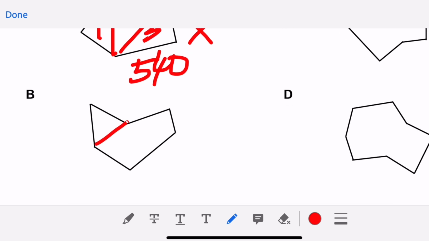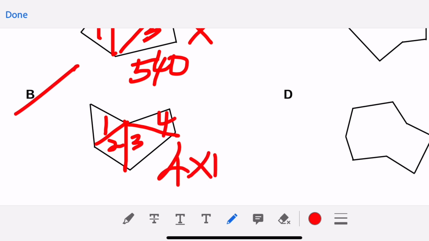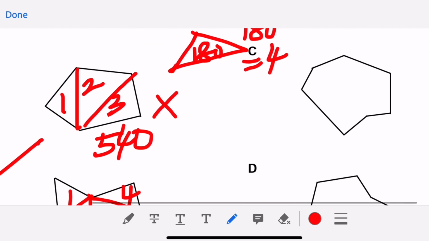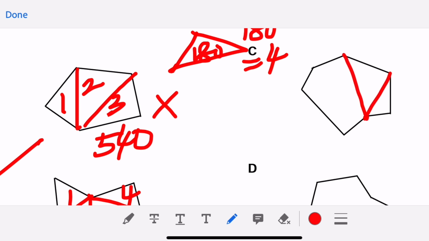Okay, this one 1, 2, 3. Yeah, this one 1, 2, 3, 4. Yes. 4 times 180 is 720. Okay, this one, I'm sure you can draw more than 3. 1, 2, 3, 4, 5.